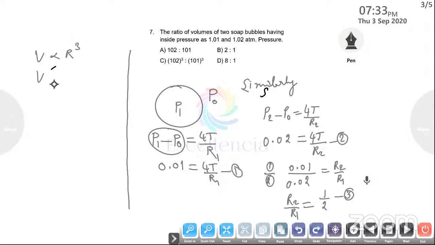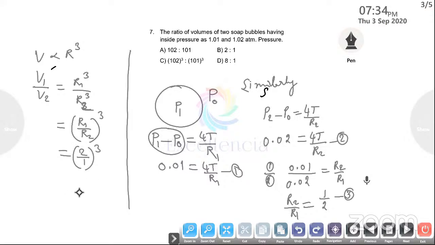And here we want V1 by V2, which is equal to R1 cube by R2 cube, so R1 by R2 whole cube. R1 by R2 we can see that is 2 by 1. So 2 by 1 whole cube, which is equal to 8:1. So option D is the correct one.